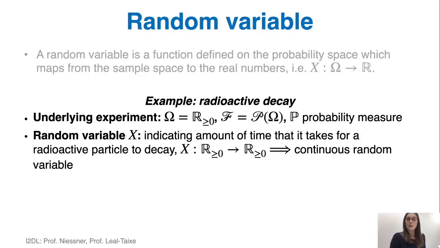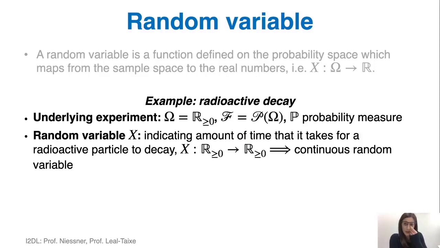Okay, so now we want to have a look at a continuous random variable. So let's now have a look at the random variable X, which is indicating the amount of time that it takes for a radioactive particle to decay. And so the definition of our random variable is now a function X going from R greater or equal to 0 into R greater or equal to 0, because the outcome can only be positive as we're talking about time.